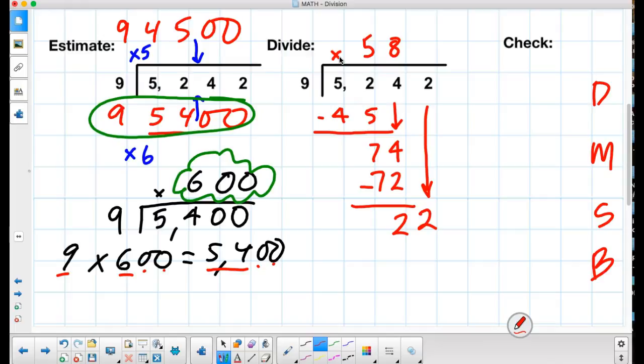Say 2, 18, subtracted from the 22, we get 4. 9 times 2 equals 18. We get 4. What do I do now? Am I done? No. What do I need to do with that 4? Is my answer thorough? Sammy?